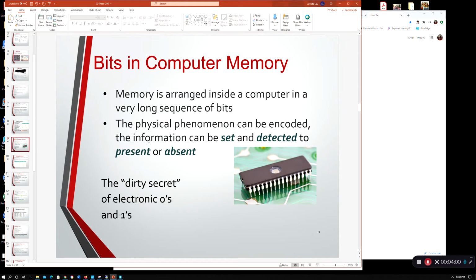That's how it's set up to store data, and to pass the data around from one person to another person, or one part of the computer to another part of the computer. So that's how it communicates in terms of zeros and ones.